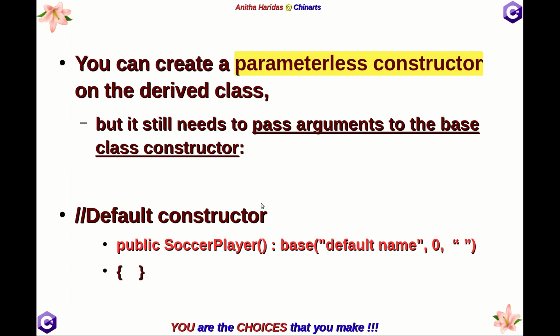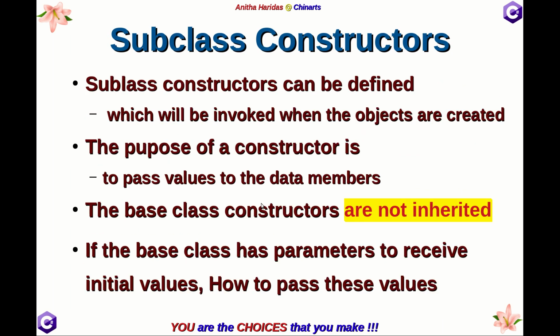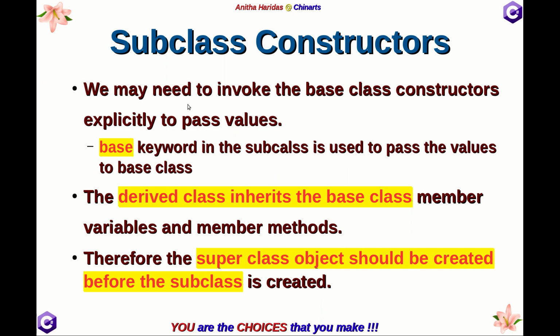Okay. So let us go back to the definition. Subclass constructors can be defined, which will be invoked when the objects are created. The purpose of a constructor is to pass initial values to the data members. Since the base class constructors are not inherited, and if I want to pass values to the base class constructor, what do we have to do? We have to invoke the base class constructor explicitly using the base keyword in the subclass, and you can pass values to the base class.